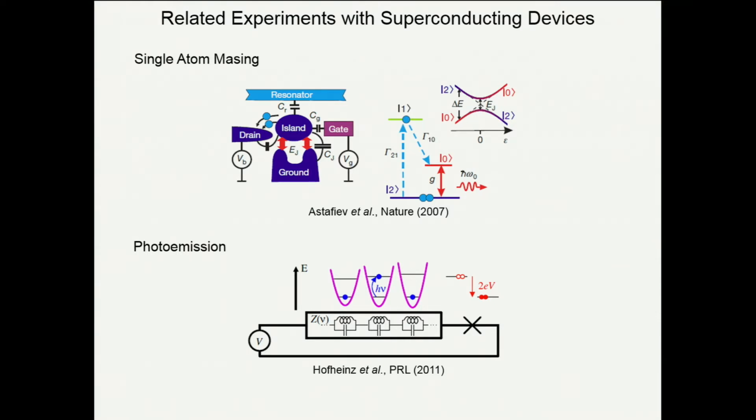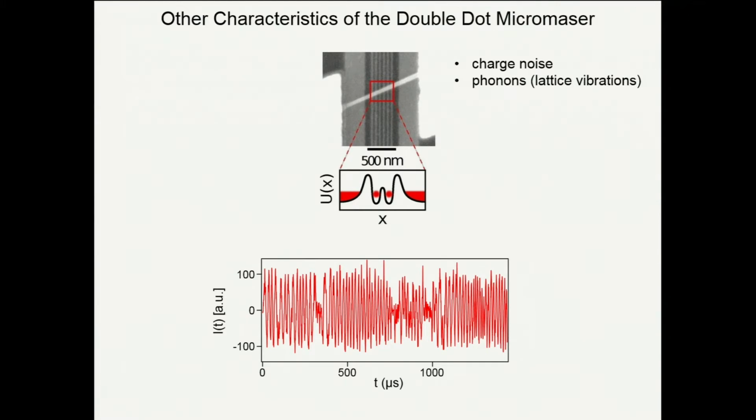So a variety of both semiconductor and superconductor devices are capable of emitting light. One of the things that separates our system from the superconducting system is that we have strong coupling of phonons. There's this electron-phonon coupling that gives us another channel that we can dump energy into.